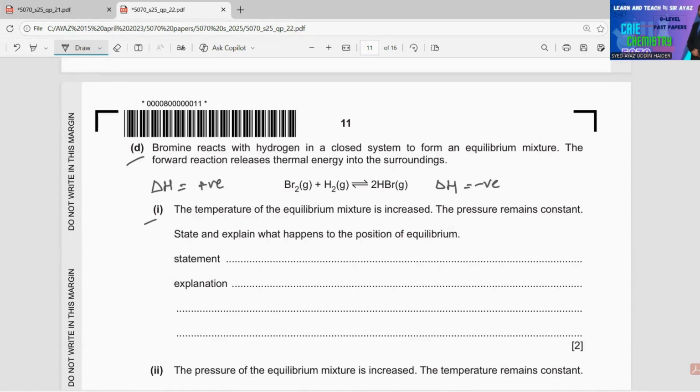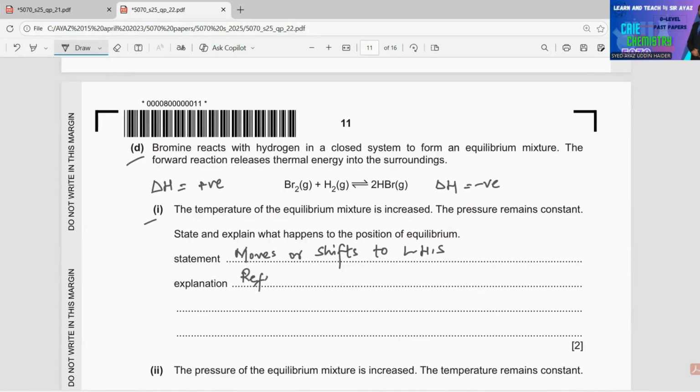So equilibrium will shift to the left hand side or reactant side. So moves or shifts to left hand side. Explanation, you can refer to whether the forward reaction is exothermic or backward reaction is endothermic.